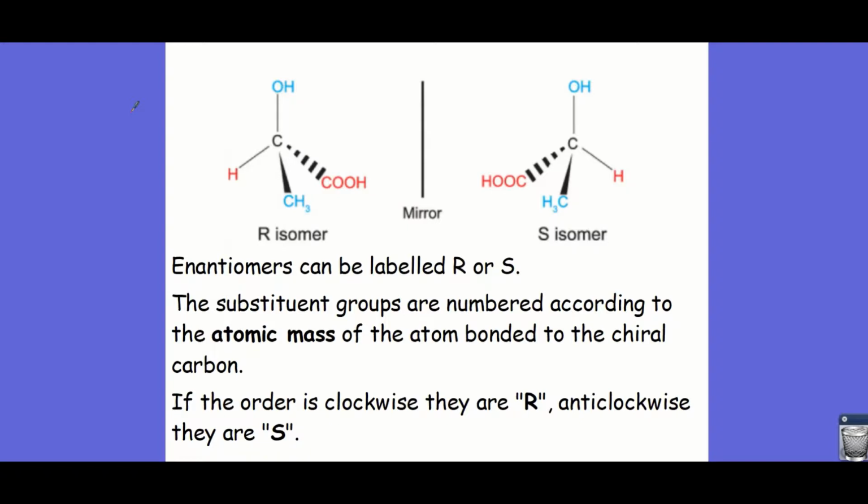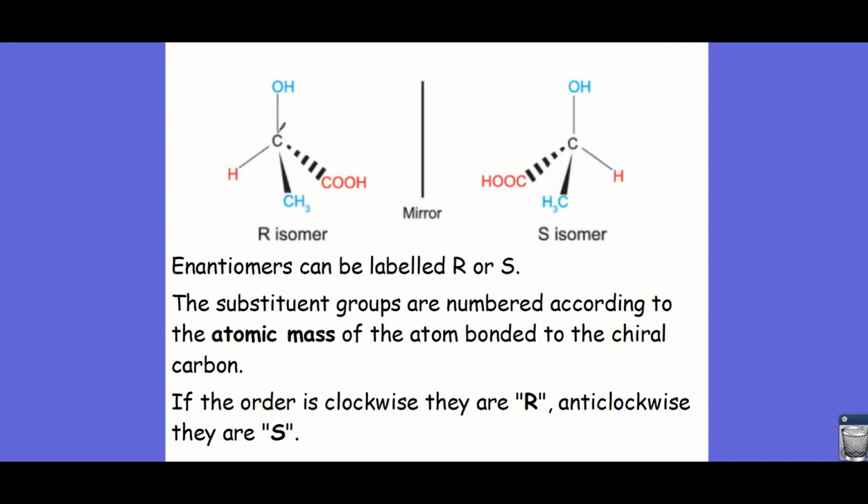We do that by looking at the substituent groups on the chiral center. We have to look at the atomic mass of the atom that the carbon is directly bonded to. So if we look here, we have carbon bonded directly to oxygen, hydrogen, carbon, and carbon.